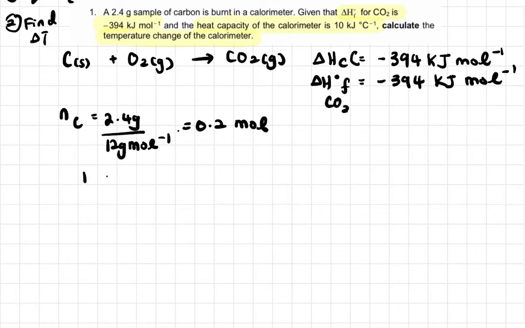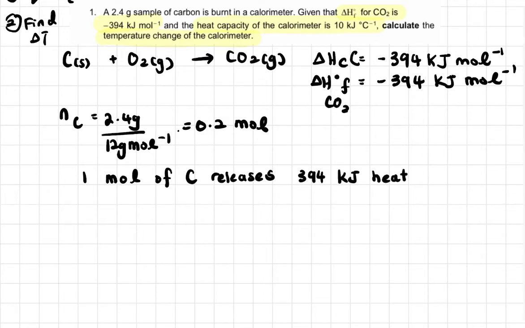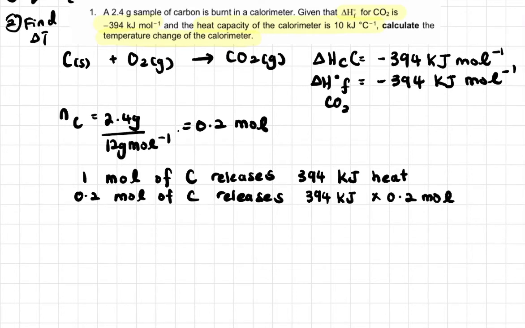Okay, so lepas tu buat stoichiometry. So dia dah bagi value of enthalpy of combustion kan. So that means that's for 1 mole of carbon. So 1 mole of carbon releases 394 kilojoule heat. Okay, so kalau kita ada 0.2 mole of carbon, okay, releases, yang ni saya rasa saya nak buat siap-siap lah kat sini. So kita darab je lah kan. 394 kilojoule times 0.2 mole carbon.